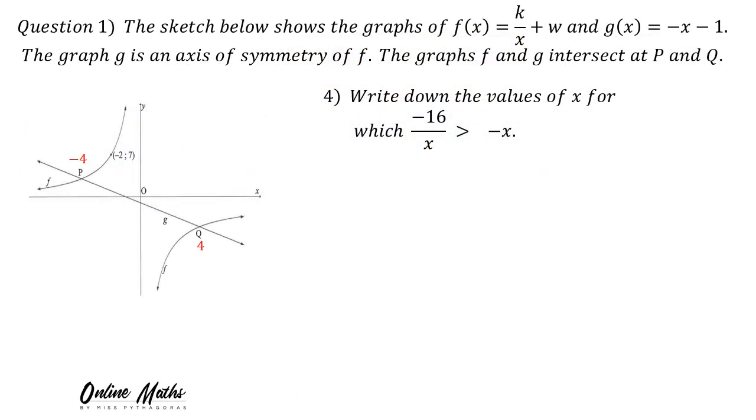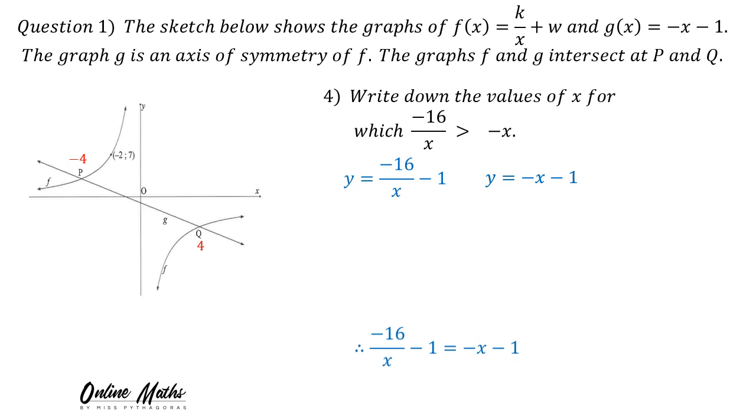The next question says, write down the values of x for which minus 16 over x is greater than minus x. So now you will think, what on earth is going on? Have a look. Do you agree the hyperbola's equation is y is minus 16 over x minus 1, and the straight line's equation is y is minus x minus 1.